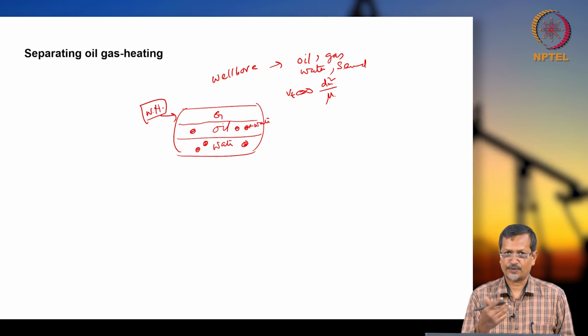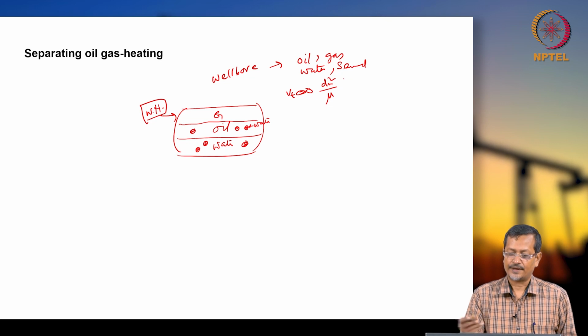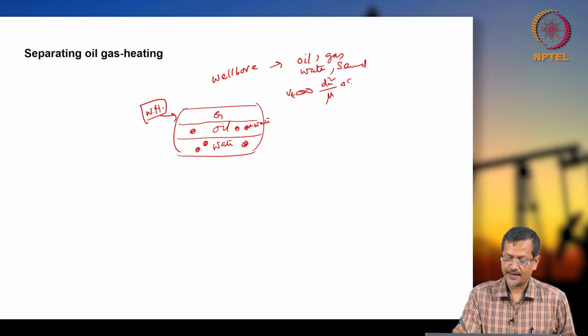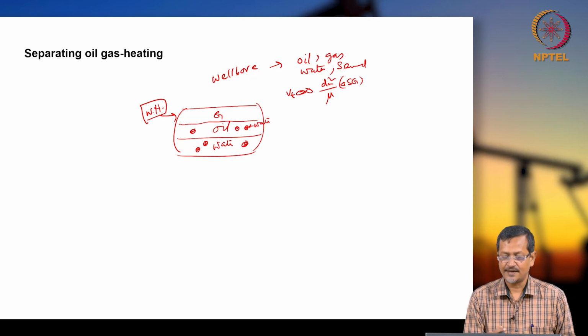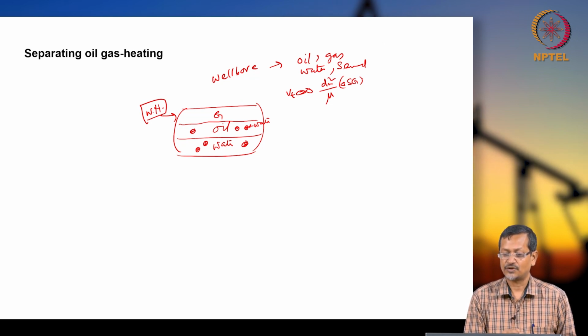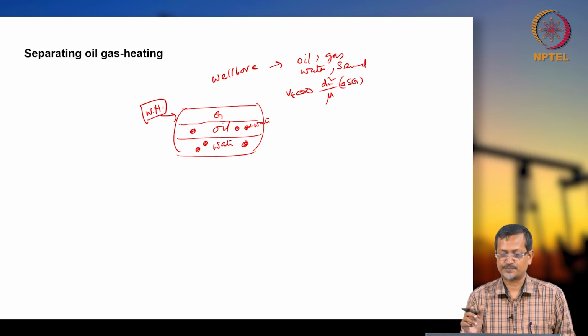Viscosity increasing, terminal velocity will be reducing. And it depends on del Sg, specific gravity. So if the specific gravity difference is very high, your terminal velocity also will be very high.